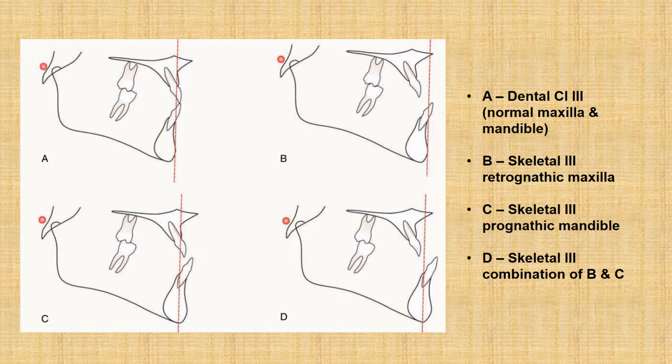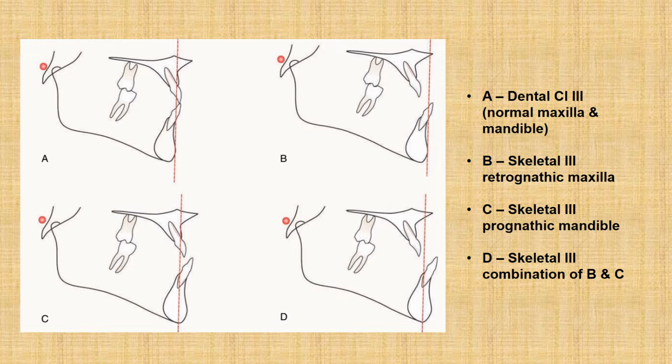Now, again, look at the skeletal pattern. In A, we have what is known as a dental Class 3 malocclusion, whereby the dental incisor relationships are Class 3, but as you can see in the diagram, the maxillary and mandibular skeletal bases are positioned normally.